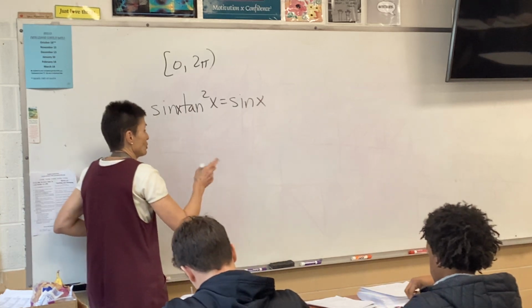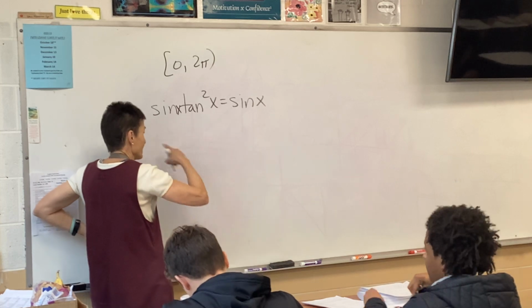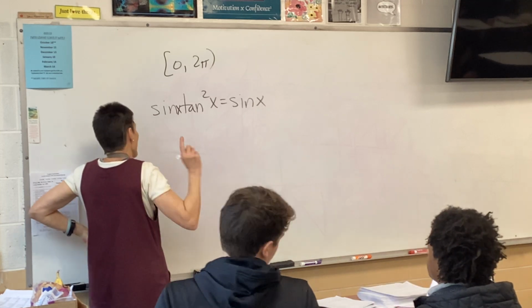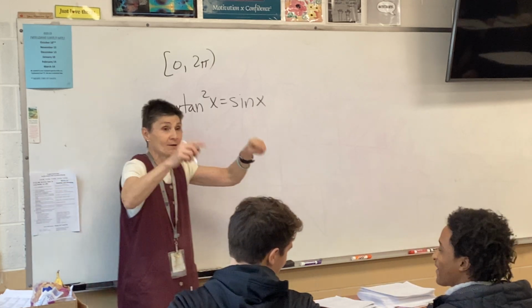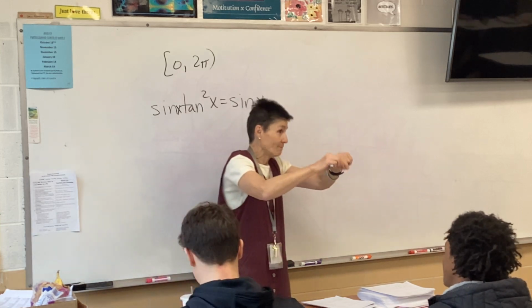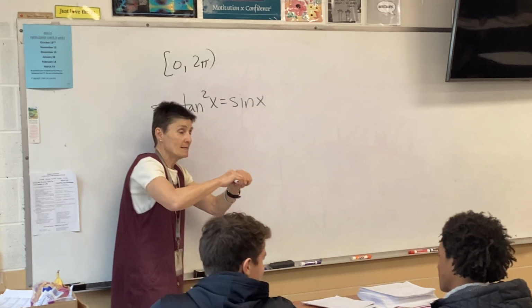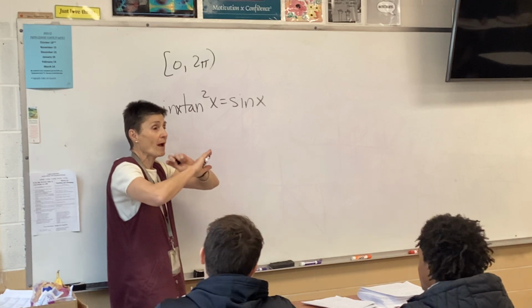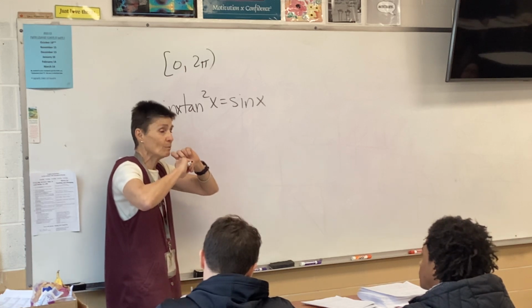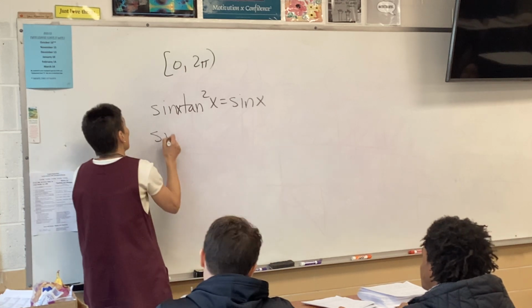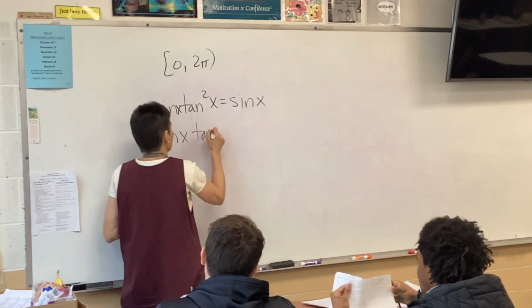My suggestion is that we don't divide by sine, right? Never. Unless we are absolutely sure it's not zero, we can't divide by it. So we're going to subtract the sine.